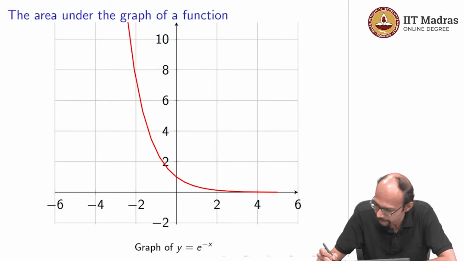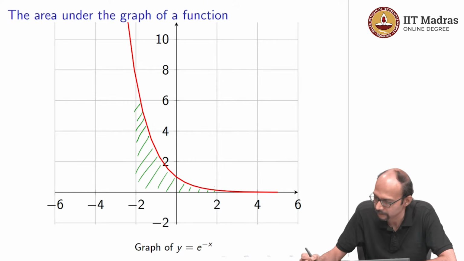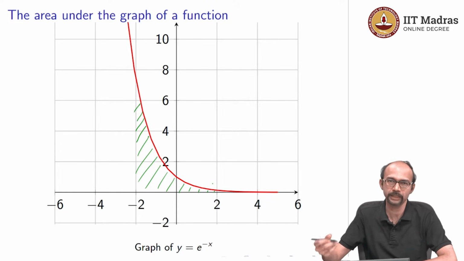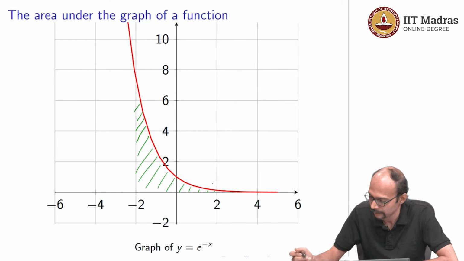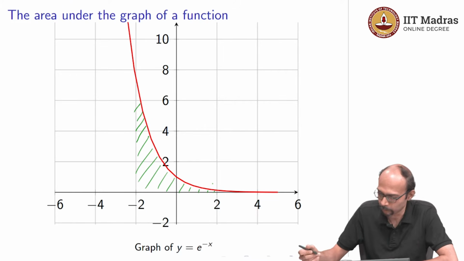Let's say I want to get this area over here between minus 2 and 2. In other courses you may have come across this notion where computing this area was important, particularly in statistics, which you either have already seen or will see soon. And so we want to know how to go about doing this. So here's the area I want to compute.